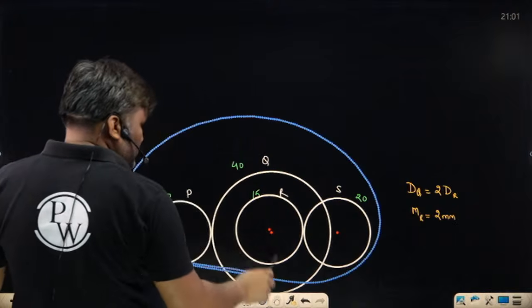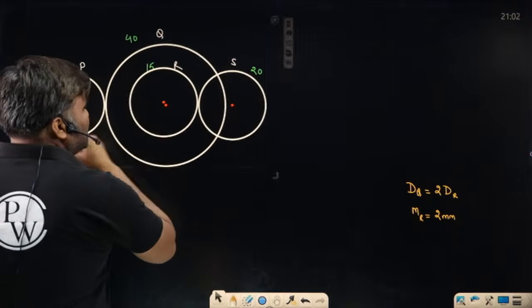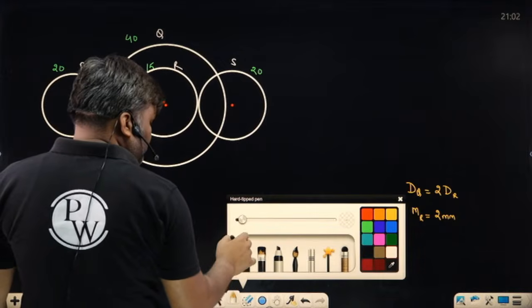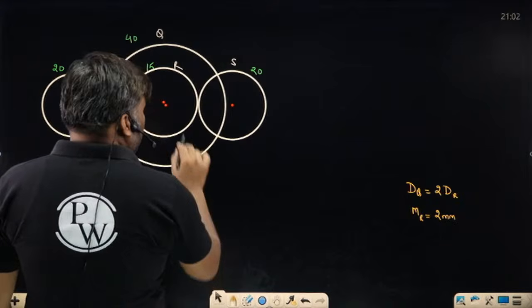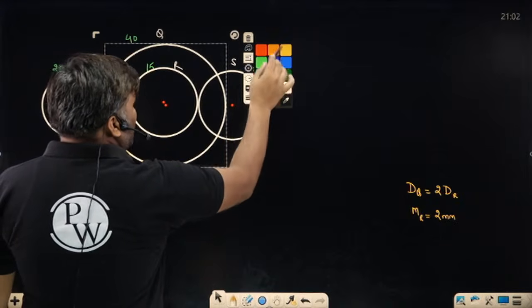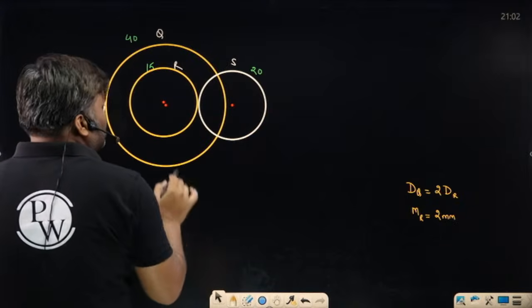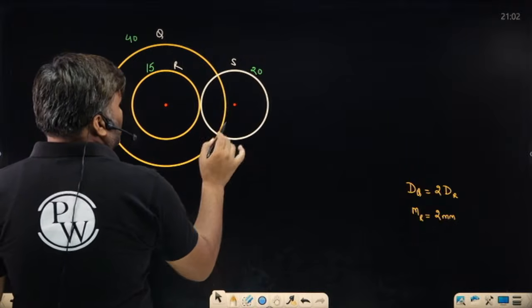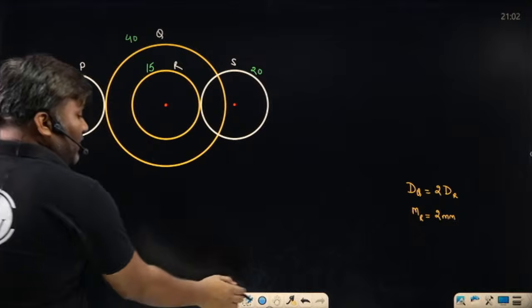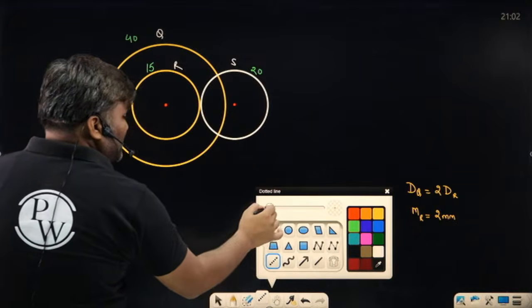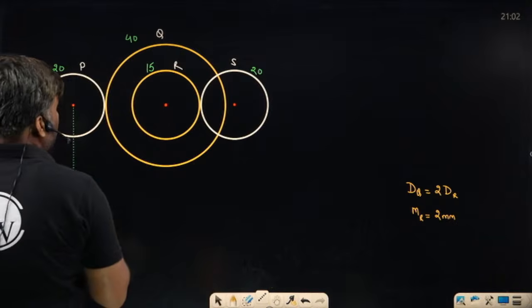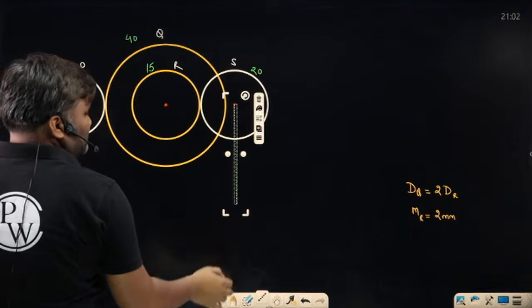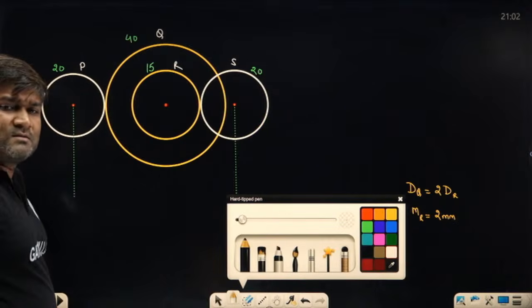Now it is clear. This kind of diagram they have given. Let me change the color. They are compound, on the same shaft, like this. What are they asking? They are asking simply the distance between P and S. How can I write this?